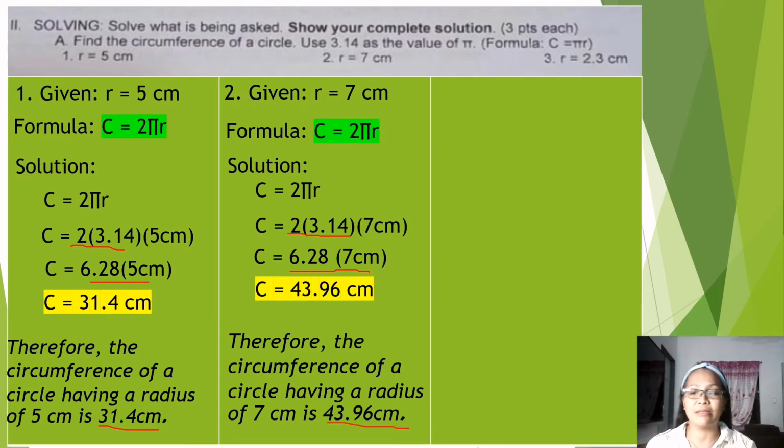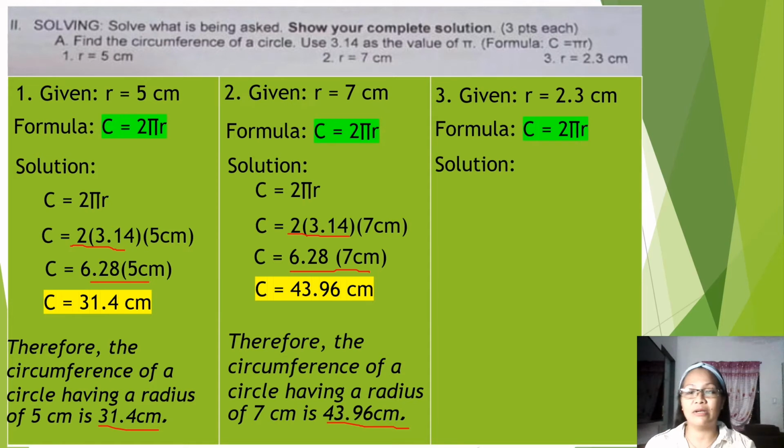43.96 centimeters. And for number 3, the given is r equals 2.3 centimeters. Since the given is radius, our formula is C equals 2 pi r. For our solution, first copy the formula, then substitute the given. Therefore, we have now C equals, copy the constant 2, and then the value of pi, which is 3.14, times our r, which is 2.3 centimeters.